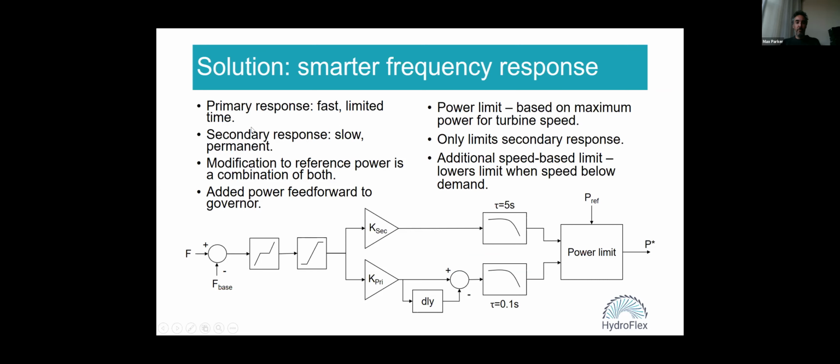But the other thing you can do is split the response into a primary response and a secondary response. Primary response is fast. You've got a very short time constant on the filter here, but you've got this system here that limits it to a slow, sort of limited time period. Secondary response is a bit slower, but permanent.